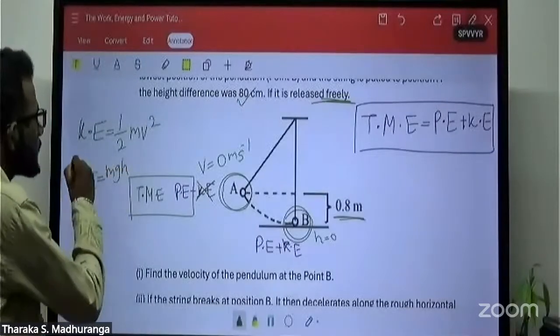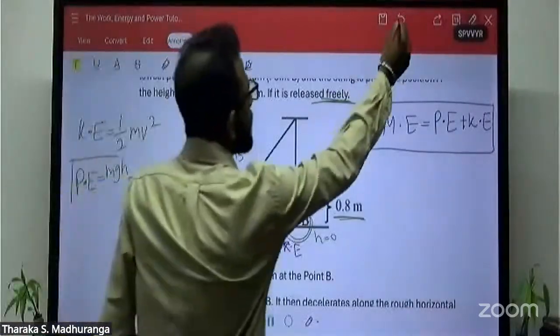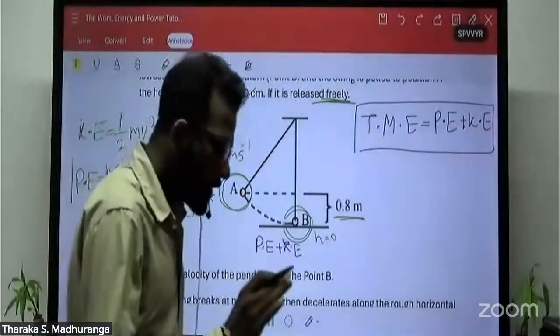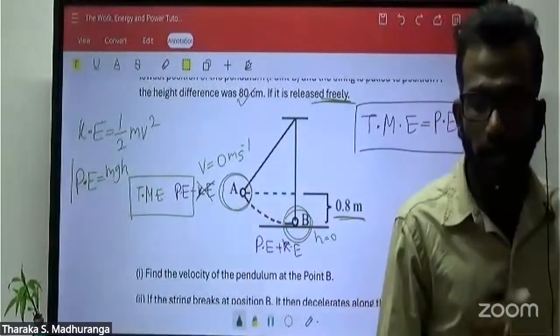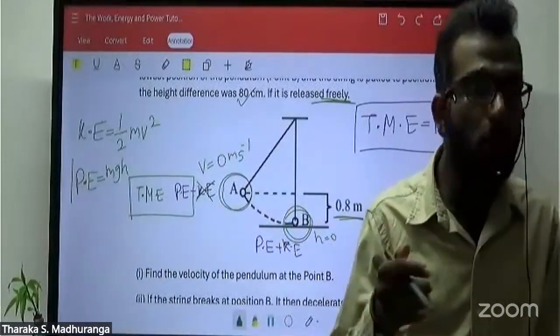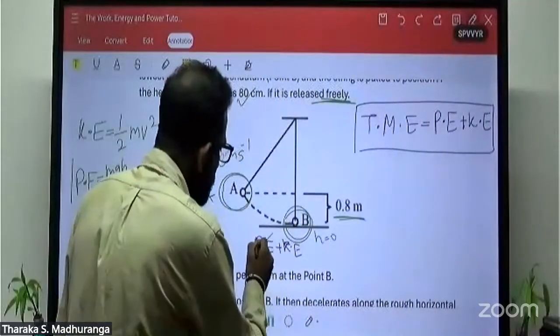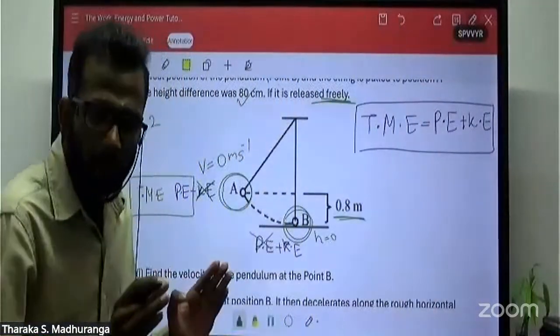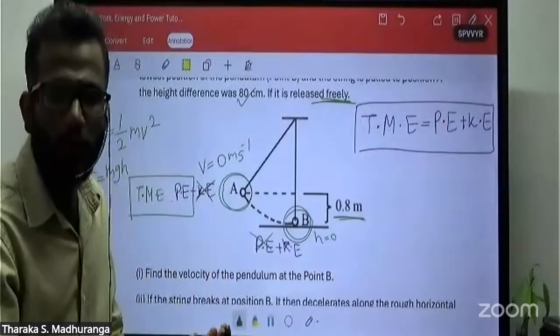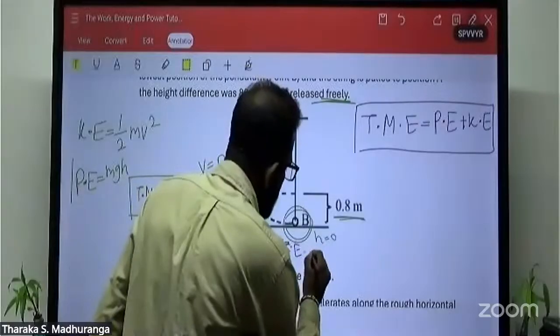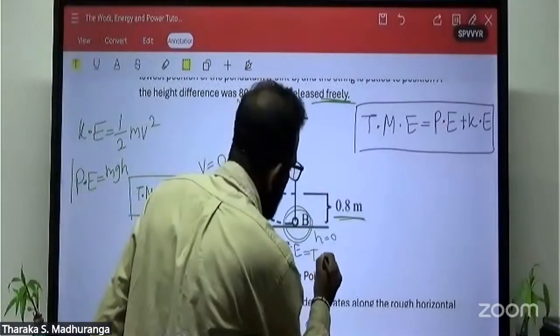At point B, h is 0, meaning height 0. Then the potential energy is 0. Very good. Then the total mechanical energy at point B is totally equal to only the kinetic energy.